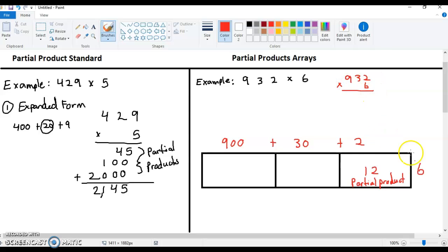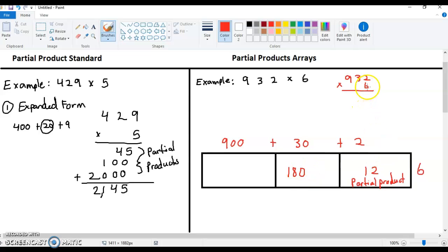So 6 times 2, and 6 times 3, but it's really 6 times 30. I know that 6 times 3 is 18, but it's in the tens column, so I have to add a 0. So I have 6 times 30, which is 180. And you know that's true because if you did some repeated addition or skip counting, the number 30 6 times will get you to 180.